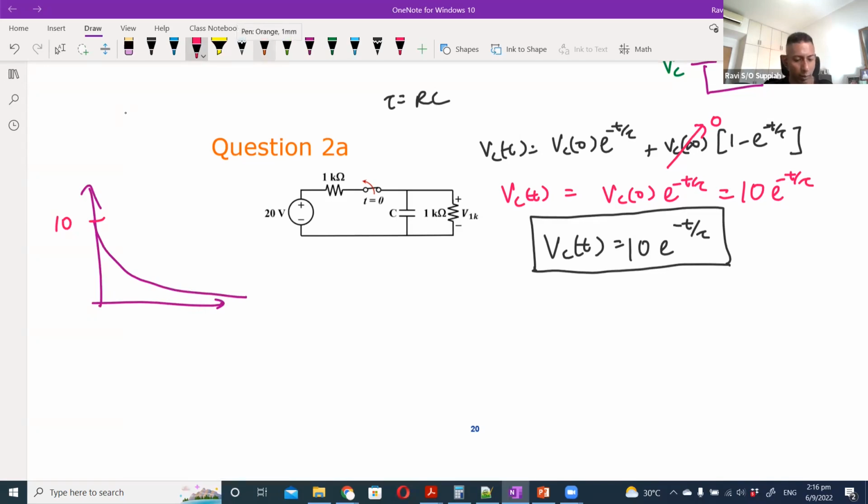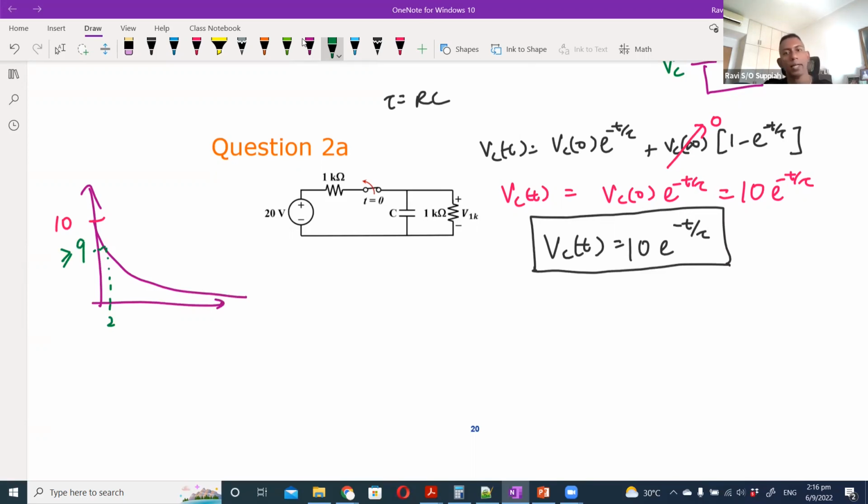What I want is to ensure that at time t equals 2 seconds, this value is greater than or equal to 9. That is what I want to achieve.